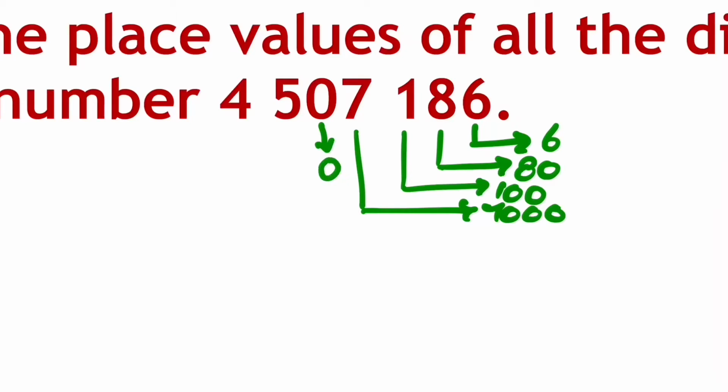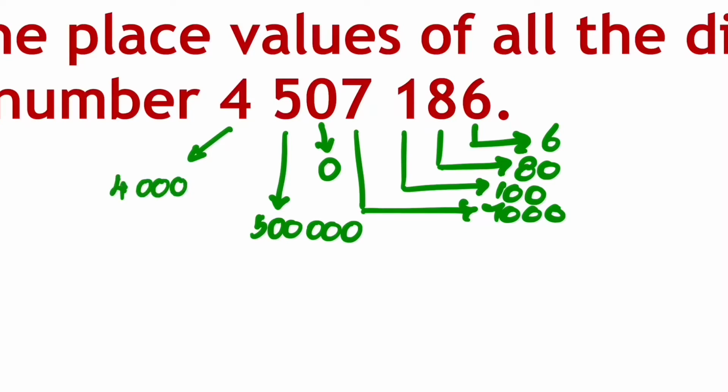Though it is in 10,000 position, there is nothing in the 10,000 position, so it is 0. And then this 5 in 100,000 position, so it must be representing 500,000. 4 is in the position of millions, so that digit 4 should be representing 4 million. Okay, get it entered in a similar manner.